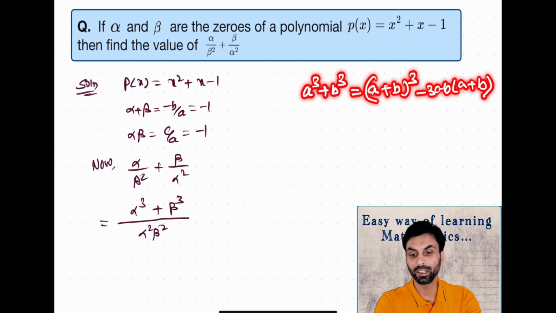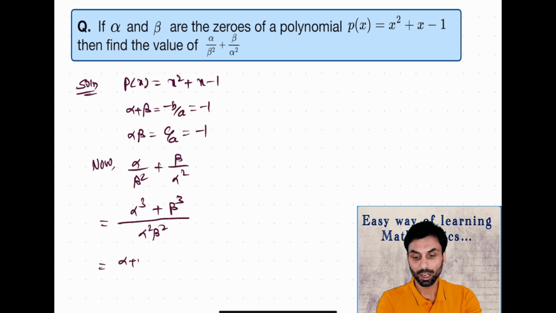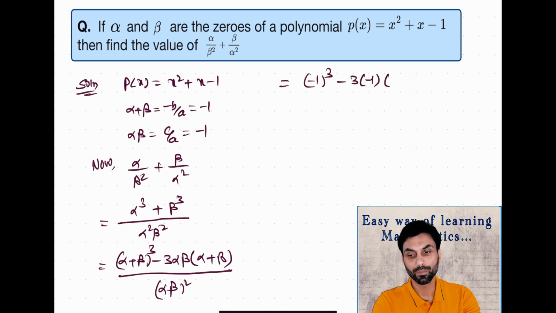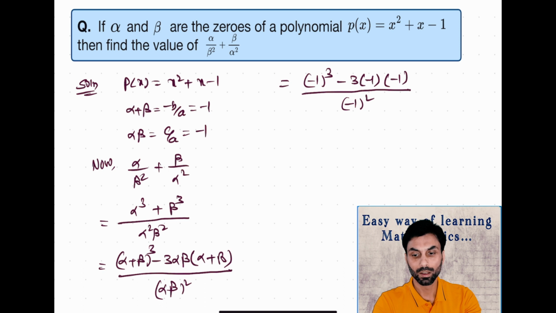So using that identity on alpha cube plus beta cube, we can write alpha plus beta whole cube minus 3 alpha beta into alpha plus beta, which will be divided by alpha beta whole square. Now on substituting the values of alpha plus beta and alpha into beta, we will get minus 1 whole cube minus 3 into minus 1 into minus 1, divided by minus 1 whole square, which will be minus 1 minus 3 divided by 1, which will be minus 4.